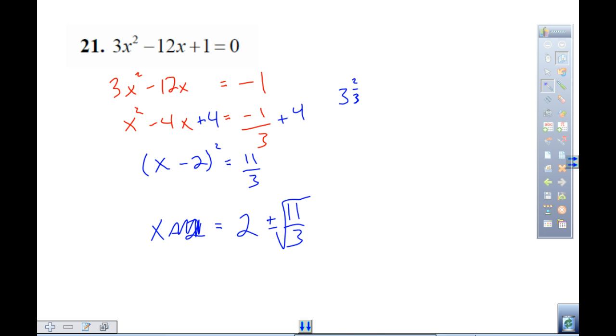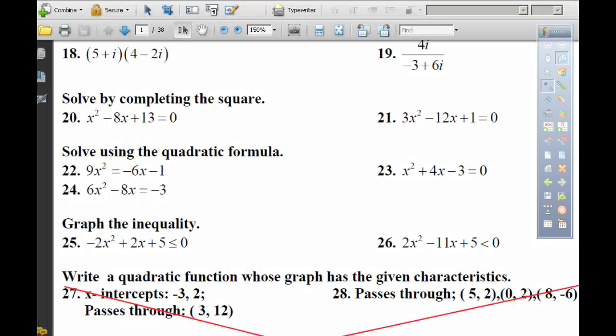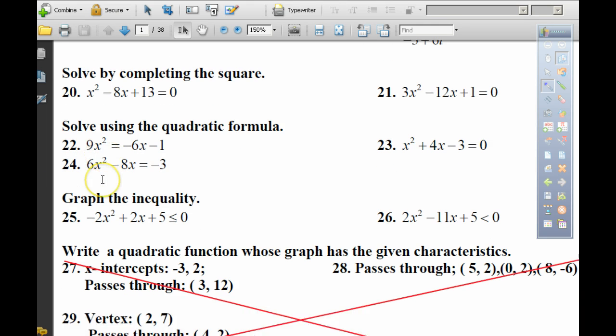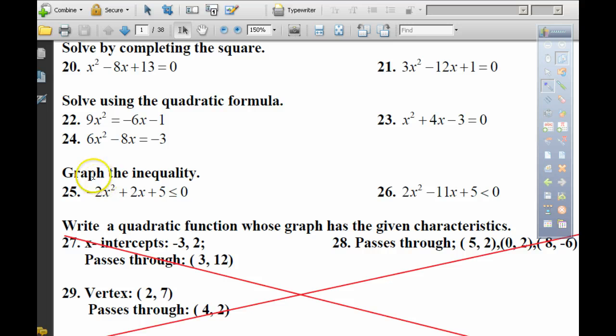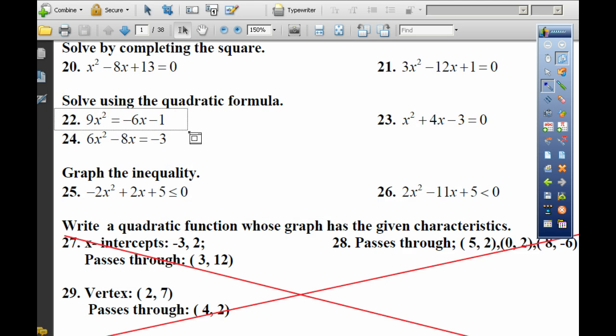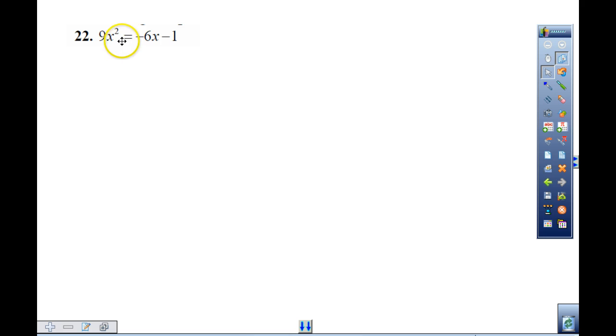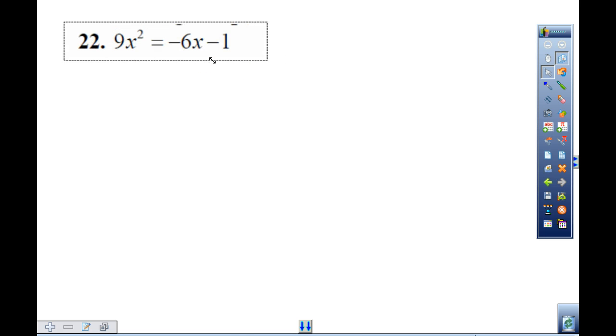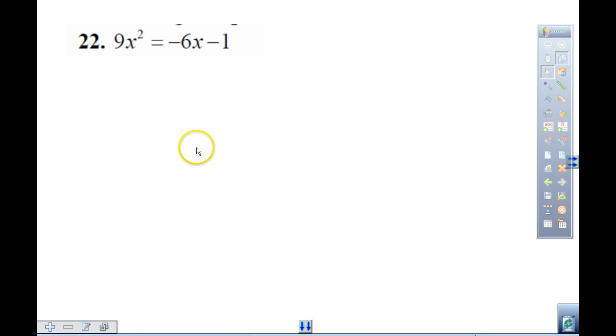And yeah, let's see, quadratic formula, I don't know if we need to go over that. I will say on number 22, to use the quadratic formula, it has to be equal to what? 0.